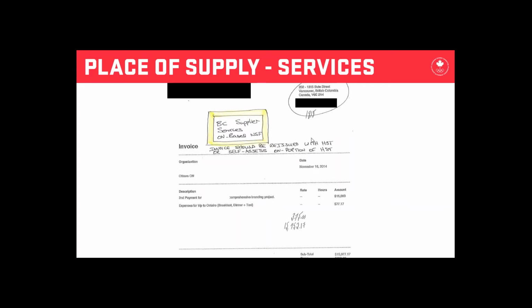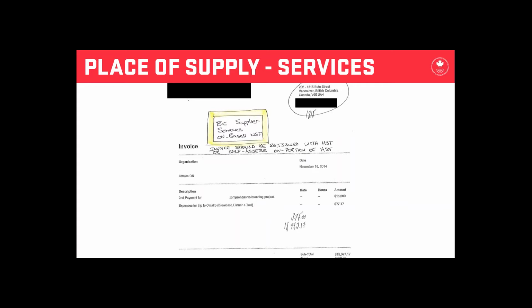Okay, so here's an example, not exactly the same as the slide we just saw, but this is an example where a BC supplier of services to an Ontario-based NSF invoiced GST only.